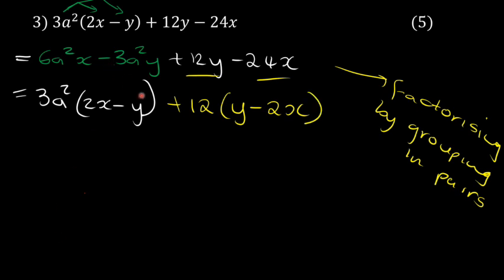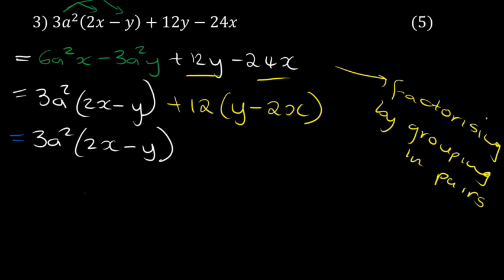Then I see something that's interesting. Here I have 2x minus y, but here I have y minus 2x. Okay, meaning that if I can take out a negative here, what I'm going to be left with is 2x minus y. I don't want to go into detail because I don't want to actually confuse you.